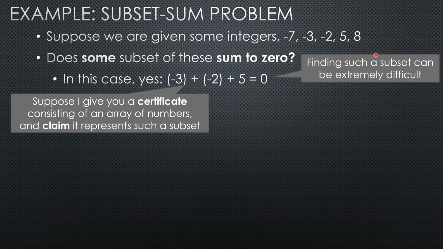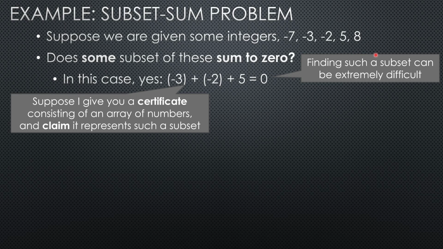Okay, so here's an interesting question. Could I make solving this problem simpler somehow if I had some higher power, some oracle that would tell me something that would help me solve this problem? Well, what if we had an oracle give us something called a certificate? What's a certificate?